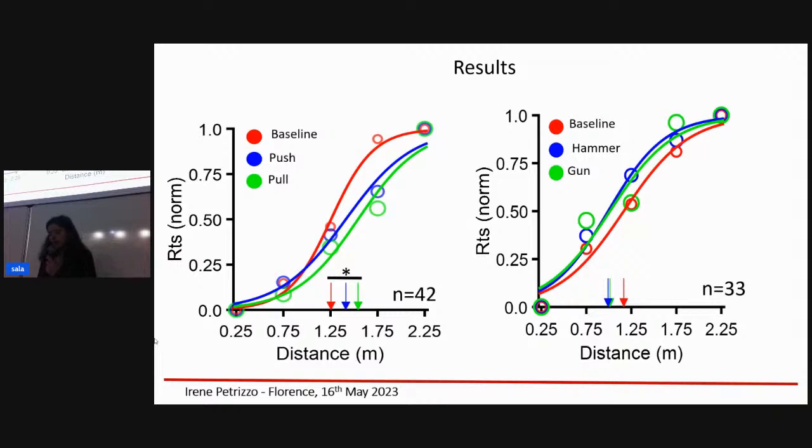And then on the right, you can see the other two kinds of training, and again, very nice modulation of the reaction times as a function of distance. But in this case, both the hammer and gun conditions failed to trigger any effect. There seems to be a slight shrinkage, but it's very far from statistical significance, so we cannot really give any speculative interpretation of it.